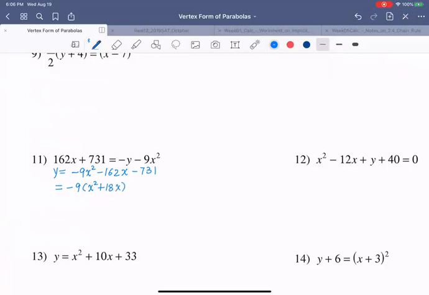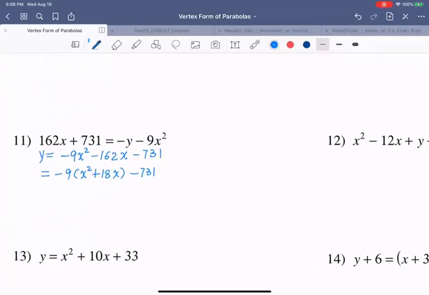So plus 18x. So we copy down this. And then it's -9 and then x squared plus 2 times x times 9 plus 9 squared, and then close parentheses, minus, plus 9 times 9 squared. Is that what it is?